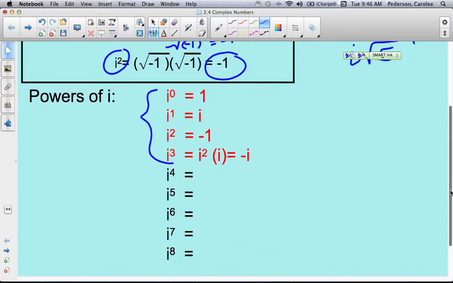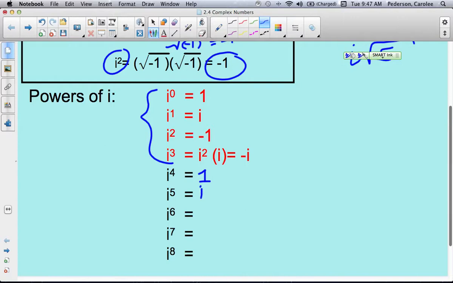So if I asked you for i to the 4th, that represents i squared times i squared, or -1 times -1, which is 1. Or look up in the pattern. It comes back as a 1. Then what would be i to the 5th? i.